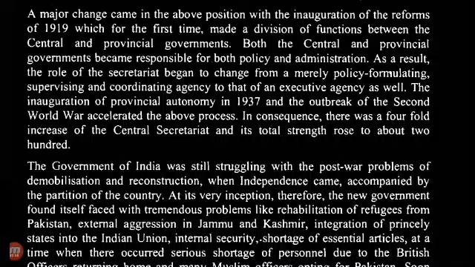As a result, the role of the Secretariat began to change from a merely policy formulating, supervising and coordinating agency to that of an executive agency as well. The inauguration of provincial autonomy in 1937 and the outbreak of the Second World War accelerated the above process. In consequence, there was a 4-fold increase of the Central Secretariat and its total strength rose to about 200.